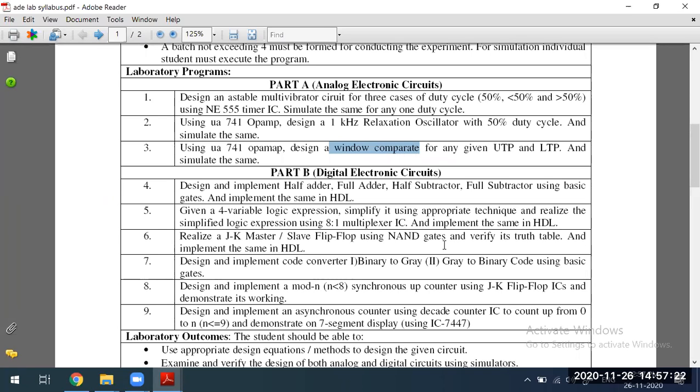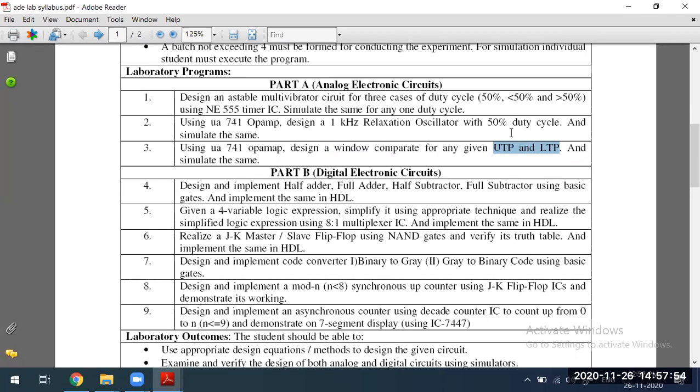What is the meaning of this window comparator? I'll say some number, 5 volts, is called the upper threshold point, and another number, 2 volts, the lower threshold point. If the input is within this range, within the range of 2 to 5 volts, you give me one output, high output or low output.